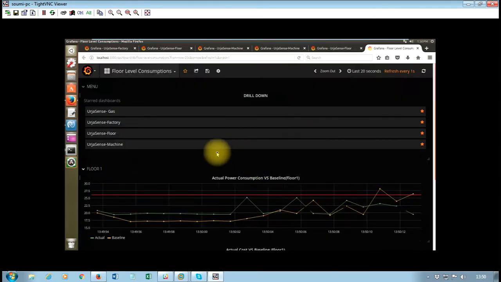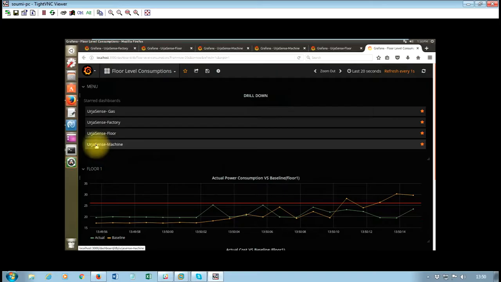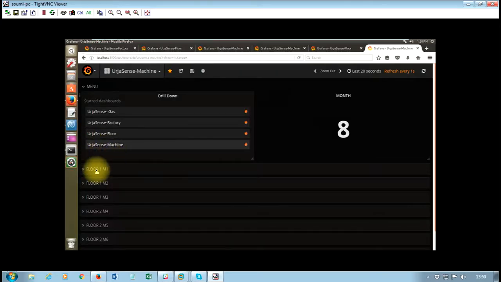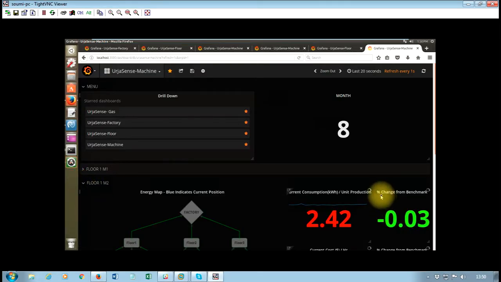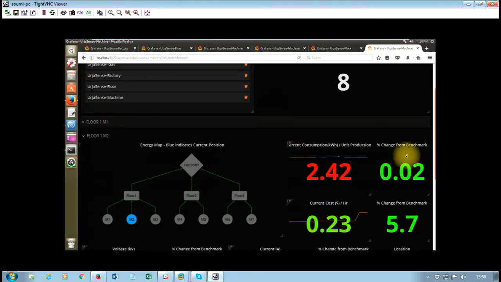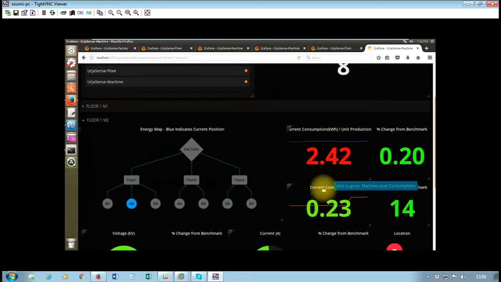Now at the machine level, as we saw, we have a little more detail. For example, if we look at one other machine, this is the summary dashboard at the machine level. This shows the current consumption, the percentage change, the current cost per hour, and the percentage change from benchmark.